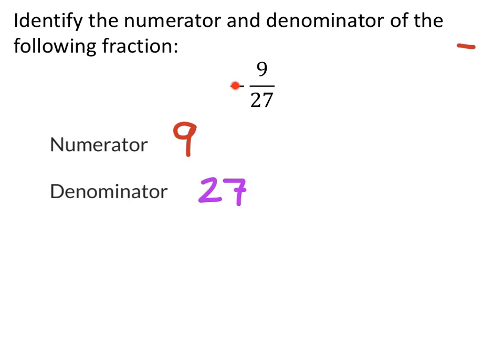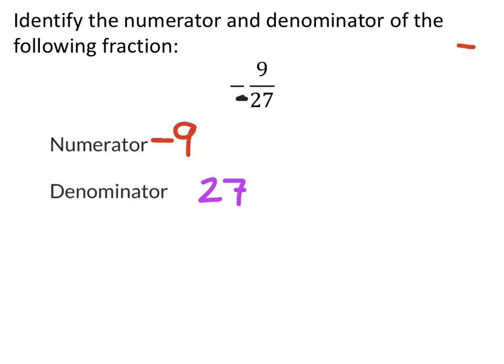If you ever see a negative just kind of in front of the fraction, right there, then what you're going to want to do is always put it with the numerator. So in other words, that should be a negative 9 instead of a positive 9. Okay, so the denominator we generally always talk about as positive, unless for some reason they show the negative, and I don't think I remember seeing that in the homework.